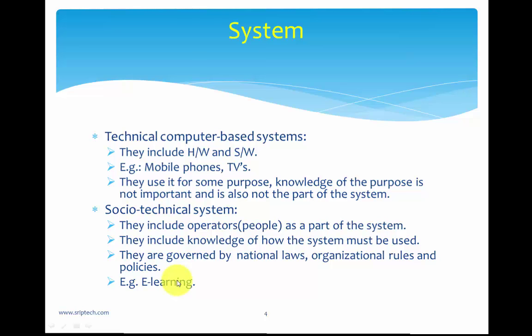The system cannot be used for any other purpose, for marketing or for promoting a product, which means there is a definite purpose of that particular system. Unlike television, which can be used for seeing different kinds of television programs, an e-learning system is only used for the purpose of learning. It cannot be used for any other purpose.